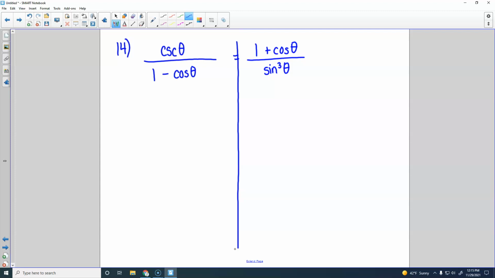Okay, which side do you guys want to work on first? Left. Left is probably a good choice, especially for you guys at this point.